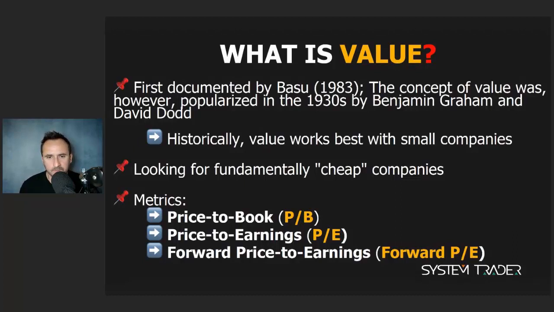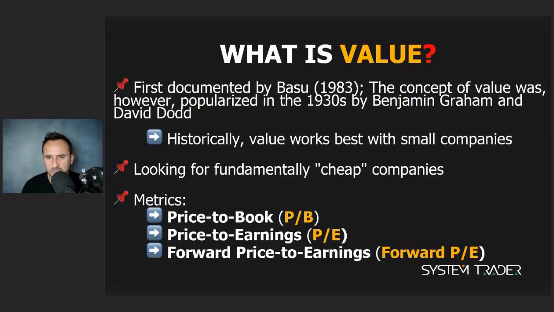Basically, the whole idea of value investing is about looking for fundamentally cheap companies. And it even happens that if we buy a cheap company that is a small cap company, a so-called small cap value company, it performed historically better than large value companies.